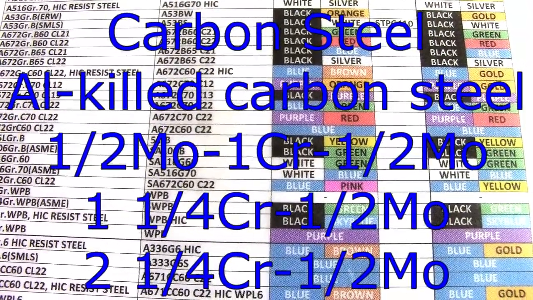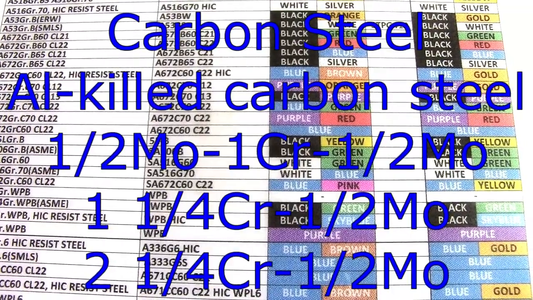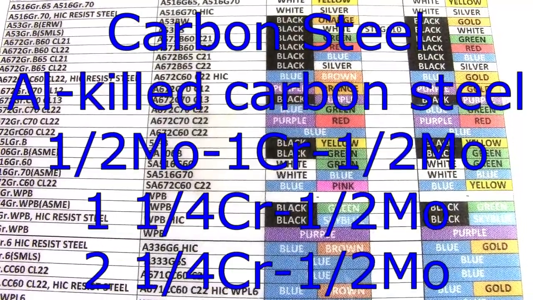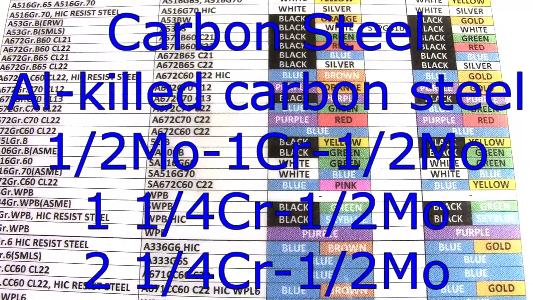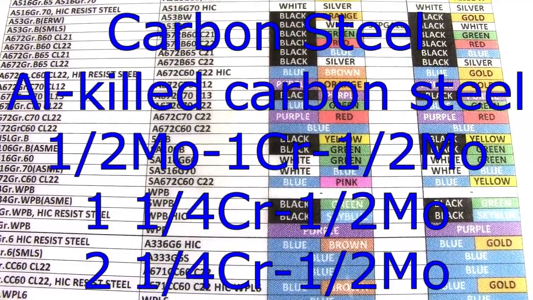so our materials are carbon steel, alkyl carbon steel, 1/2 molybdenum, 1 chrome, 1 and 1/4 chrome, 1/2 molybdenum, 2 and 1/4 chrome, 1/2 molybdenum.